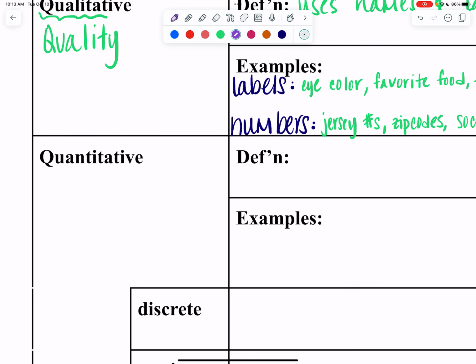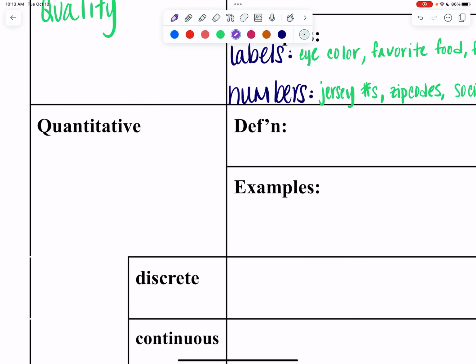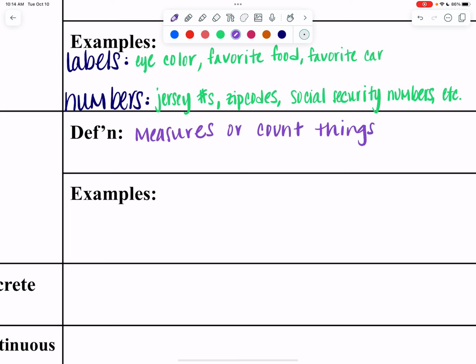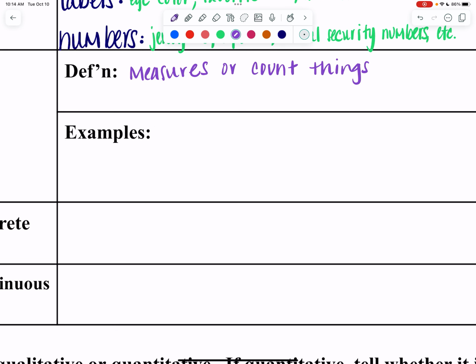The second type of data we're going to take a look at is quantitative data. In here, you can almost hear the word quantity. These are pieces of data that are going to measure or count things. So maybe we measure age.